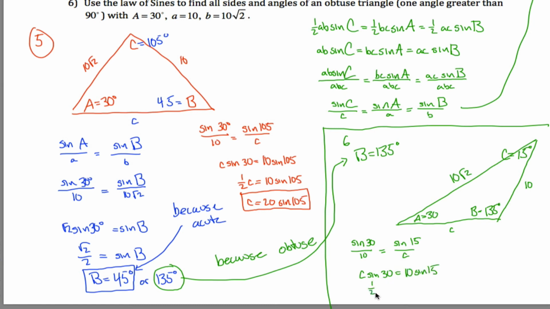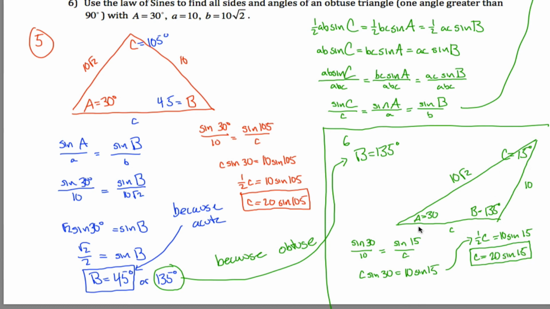So 1/2 c is 10 sine of 15. So c must be equal to 20 sine of 15 degrees. And again, at this point in the class, we don't have the sine of 15 degrees. We can get it later using a half angle formula. But for now, we just call that good.